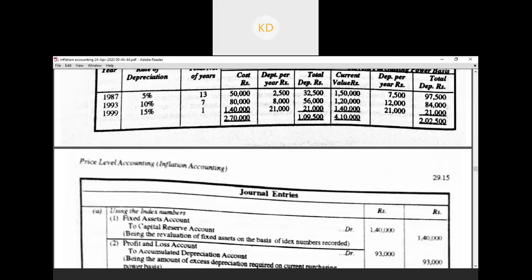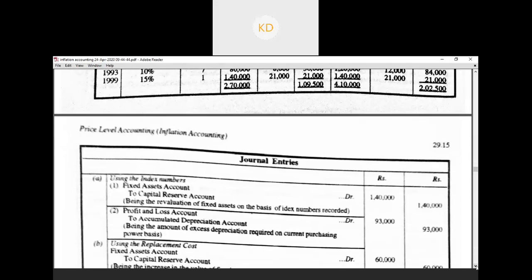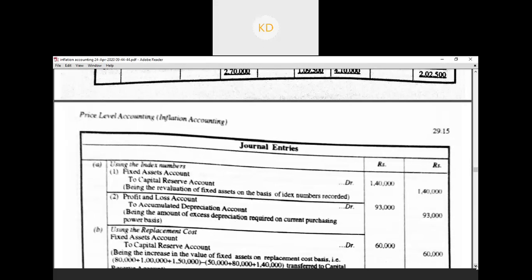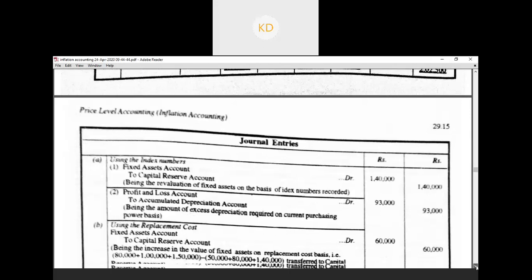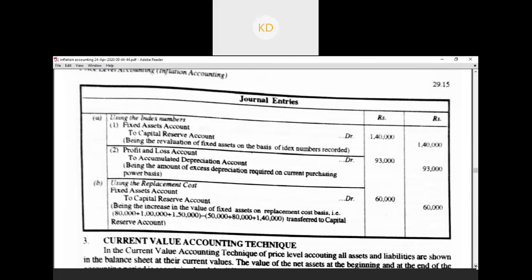Total historical cost is 2 lakh 70. It means the excess of 1 lakh 40,000 I have to transfer to my reserve. That is the inflated value which I have on the fixed asset, which I'll transfer to the capital reserve account. So 1 lakh 40,000 I'm transferring to the capital reserve account.